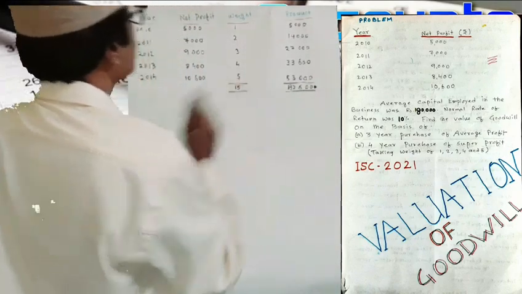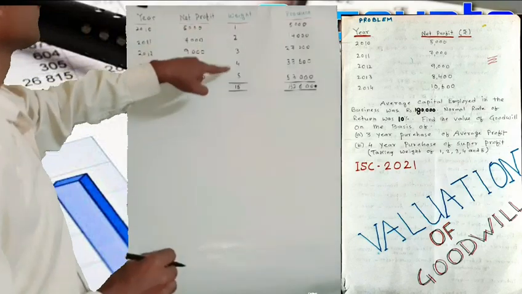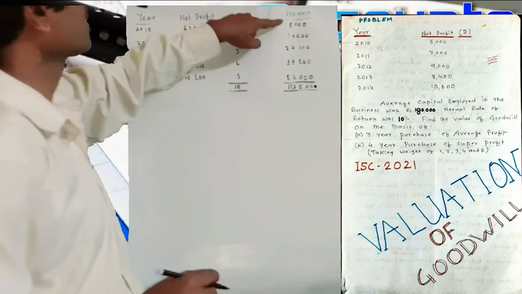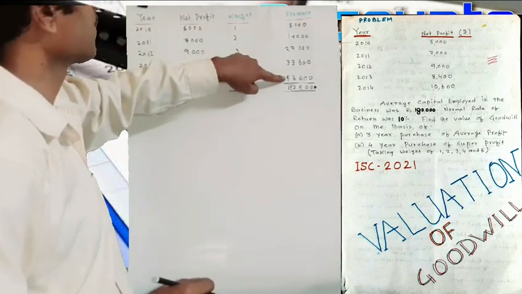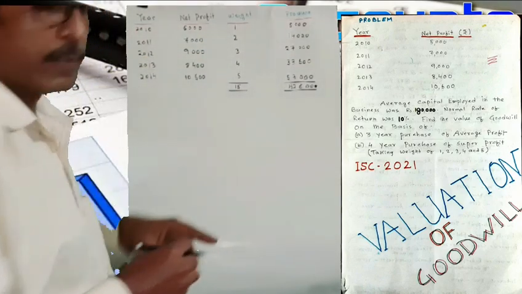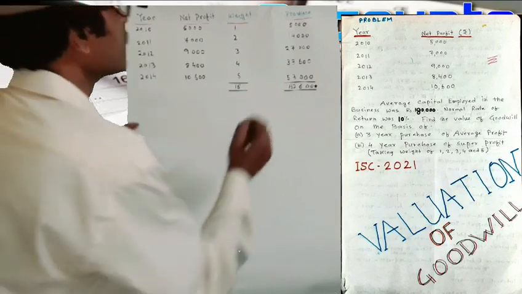The sum of the weights 1, 2, 3, 4, 5 is 15. The products 5,000, 14,000, 27,000, 33,600 and 53,000 added give 1,32,600.